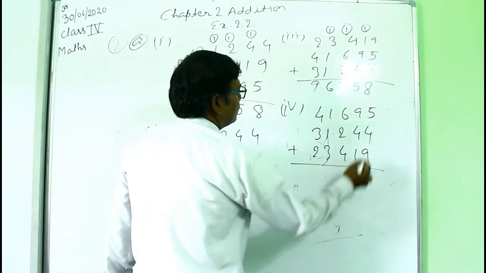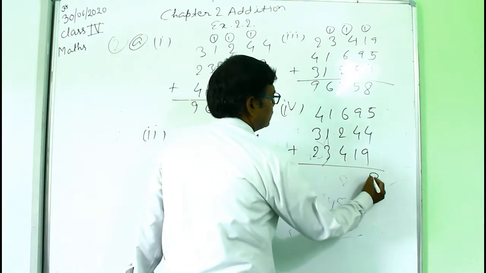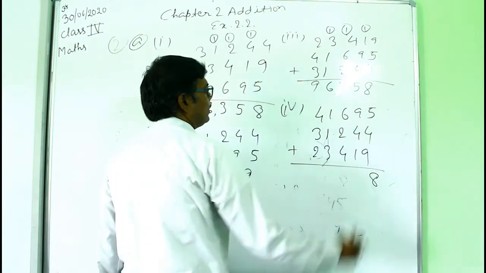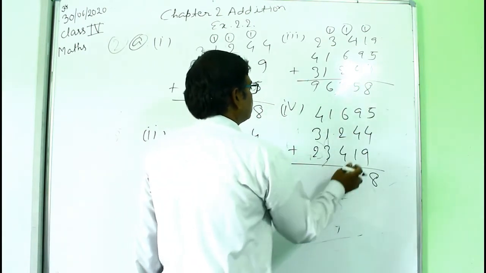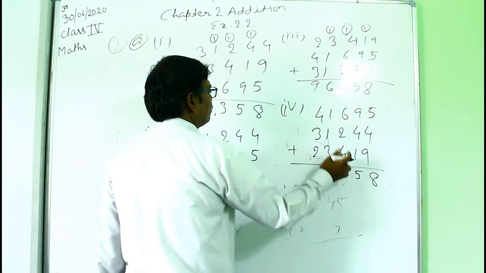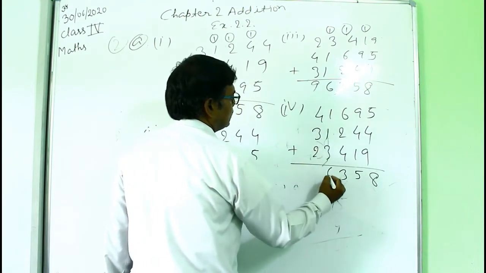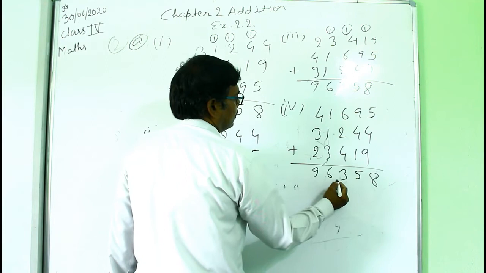So again add here. 5 plus 4 is 9 and 9 plus 9 is 18, then write here 8 and carry 1. 9 plus 1 is 10, 10 plus 4 is 14, plus 1 is 15, then 5, then carry 1. 6 plus 1 is 7, plus 2 is 9, plus 4 is 13, then 3. 1 plus 1 is 2, plus 1 is 3, 3, 6, and here also 9.